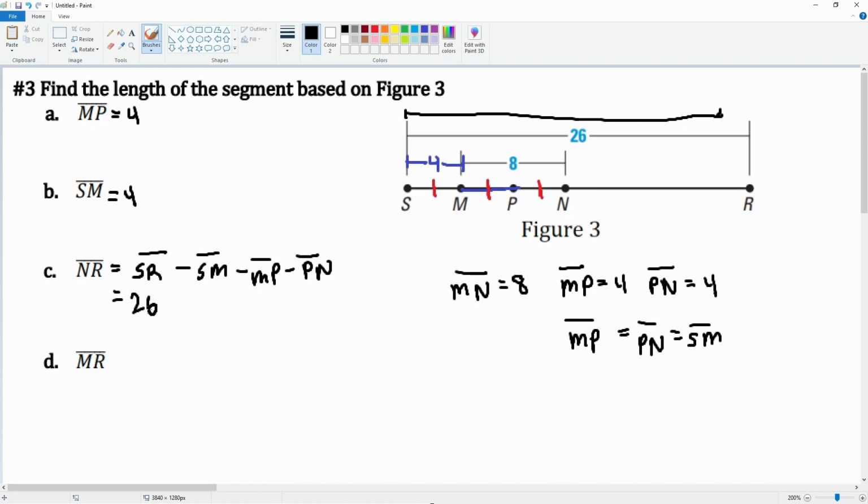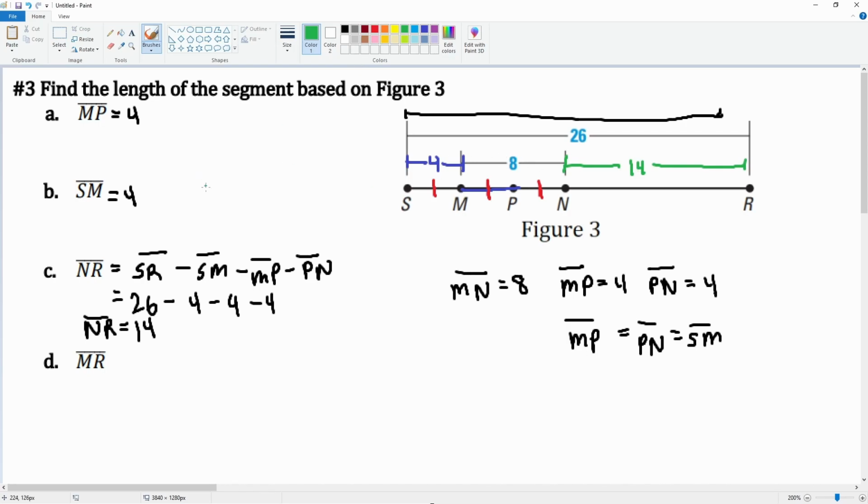SR is 26, minus 4 for SM, minus 4 for MP, and minus 4 for PN, which is 12. So that should be 14 for NR. Okay, that means this piece here is 14. That should make sense because 14 plus 8, which is 22, plus 4 is 26.